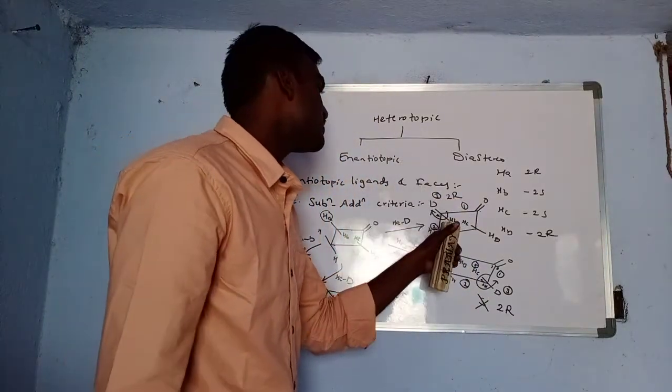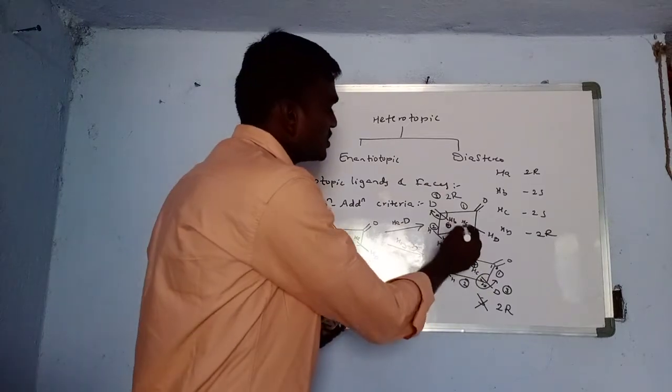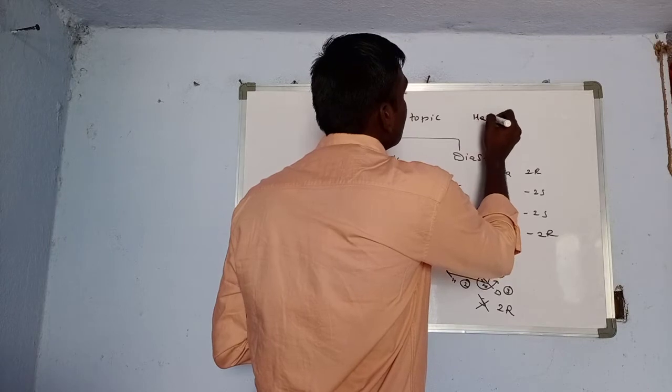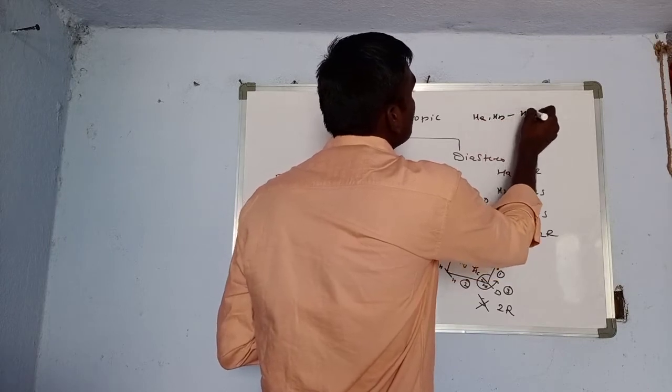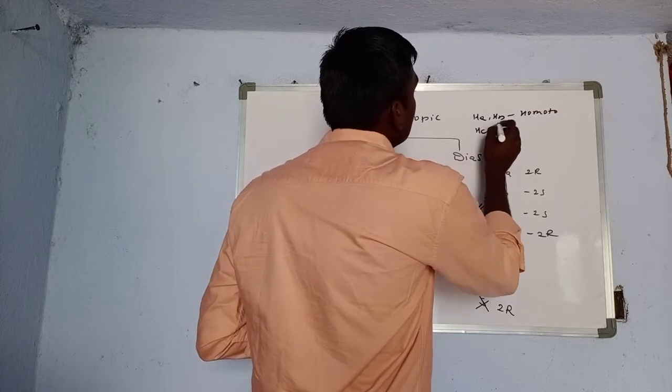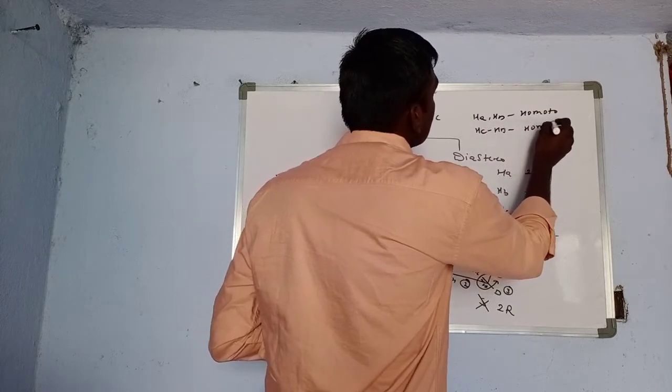Whenever identical products are obtained, the groups are known as homotopic. So here HA and HD are said to be homotopic. Similarly, HC and HB are said to be homotopic.